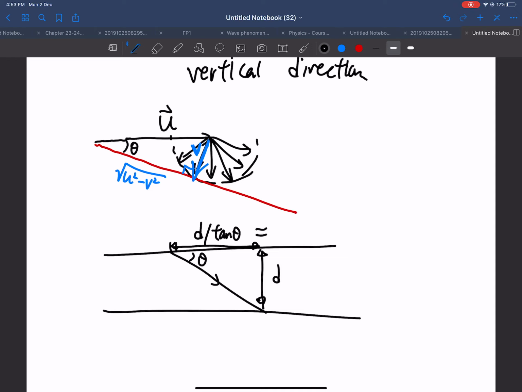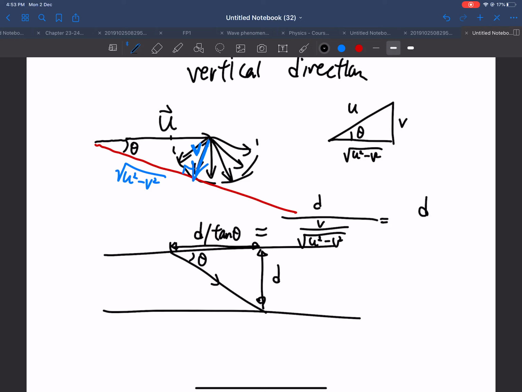In the competition, you can't write the answer in terms of theta. So how can you do it? Considering the right-angled triangle here with sides u and v and the square root of u squared minus v squared, the tangent of theta is v over the square root of this thing.